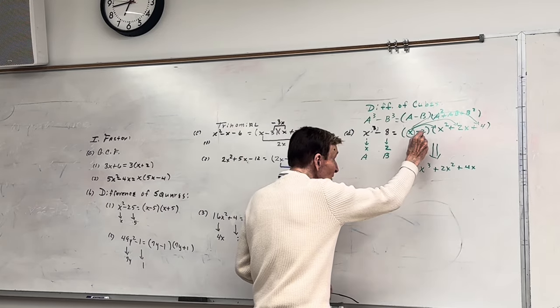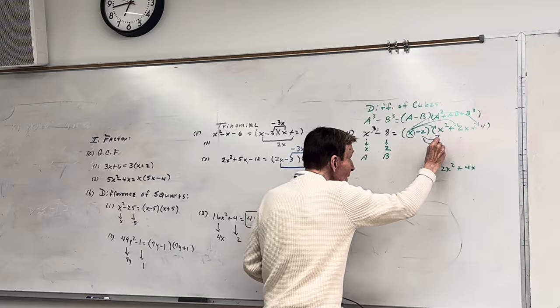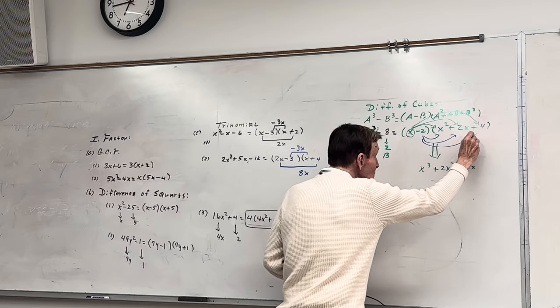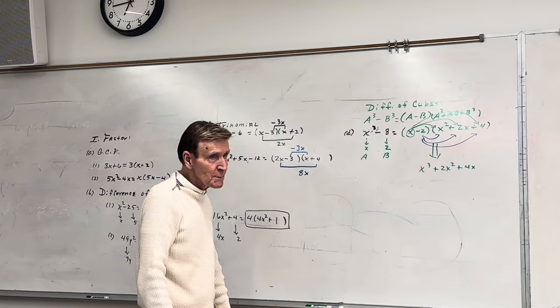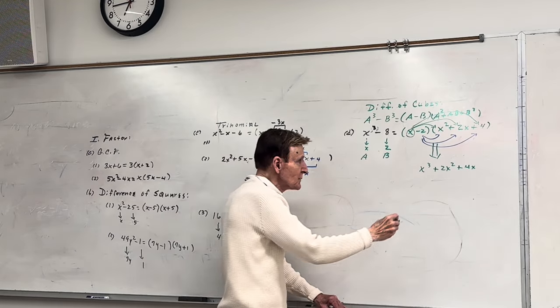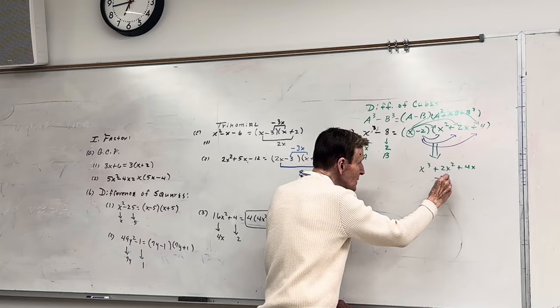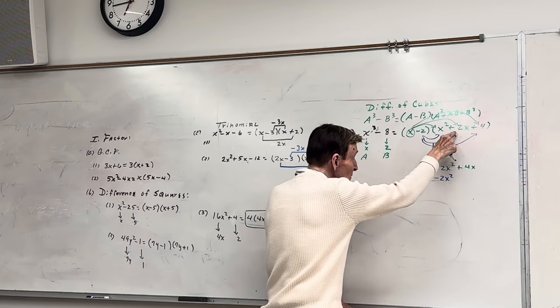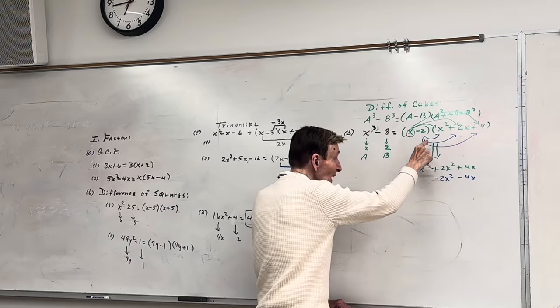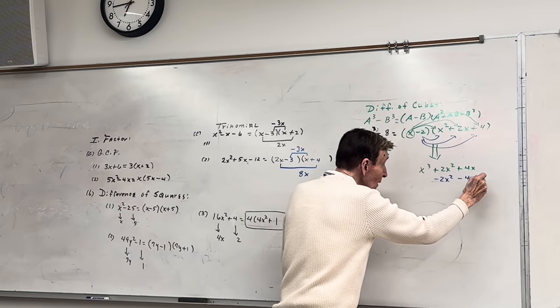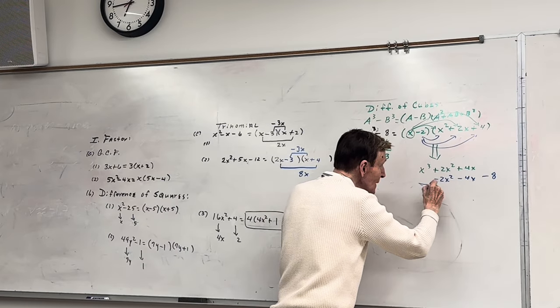I'm supposed to now use the distributive property with -2 on each one of those. Now help me out. What's -2 times x squared? -2x squared. Look where it goes. -2 times 2x, -4x. Look where it goes. And finally, -2 times +4, -8.